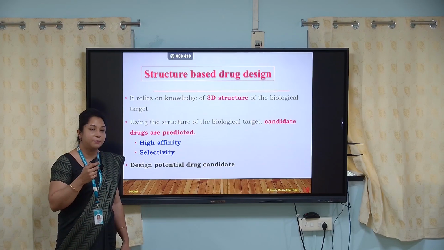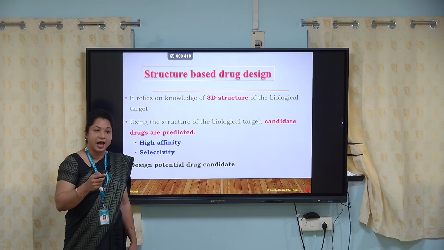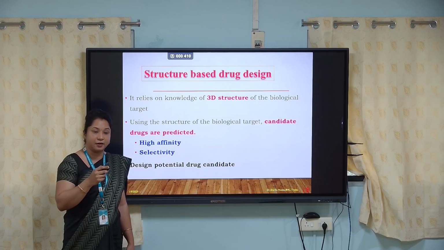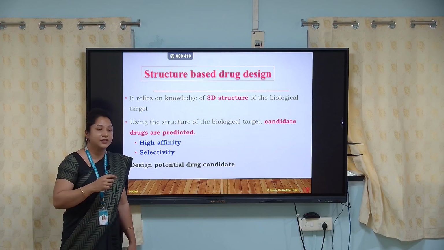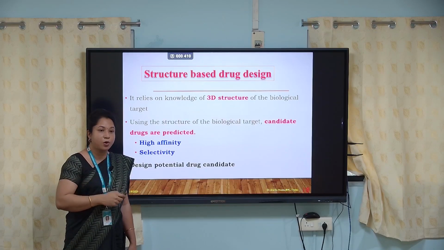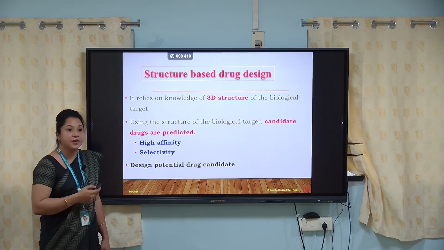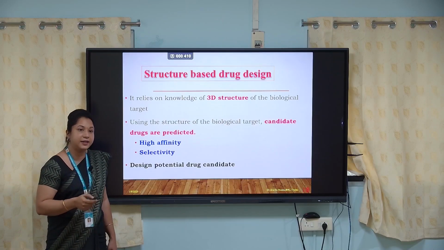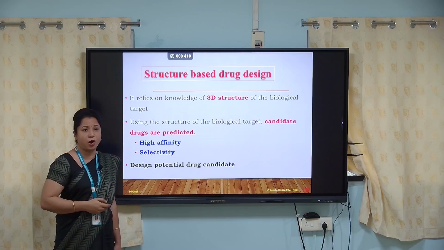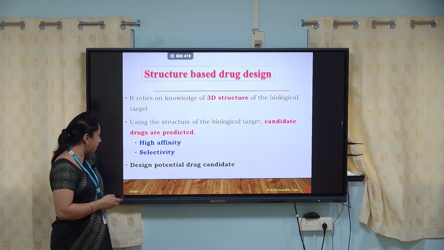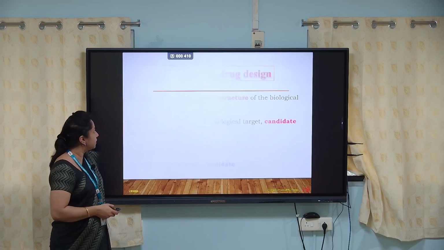When that particular gene has a high affinity towards the drug, the drug has a good binding potential to the binding active site, with an interaction, the electron sharing between the protein and the compound, so it is highly affine and selective. So only that drug candidate can fit into a particular target with the help of the lock and key model using molecular docking. In this way we can go for designing a potential drug candidate.